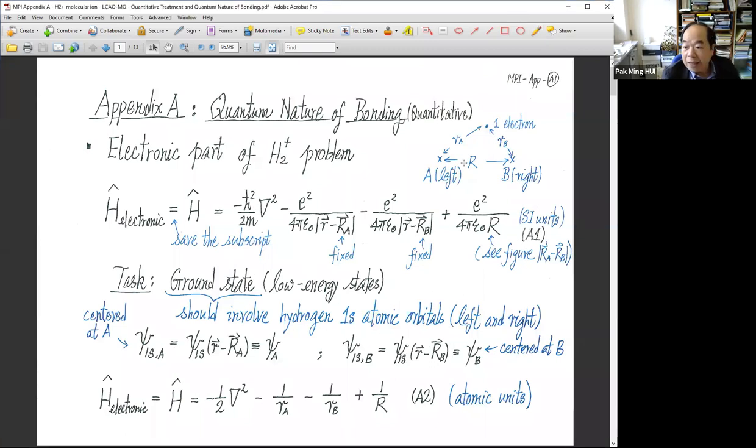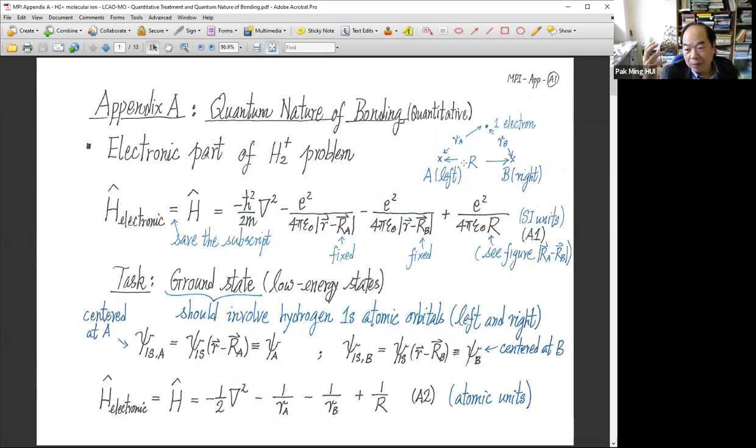So this is the detailed version of the H2 plus problem that I just discussed, okay? There are similar equations, but I would just like to show you the whole calculation, not every detail, but at least the key points so that you appreciate bonding is very quantum mechanical.